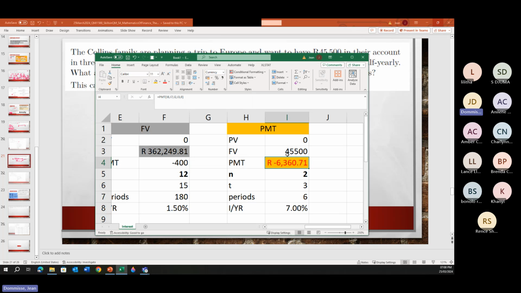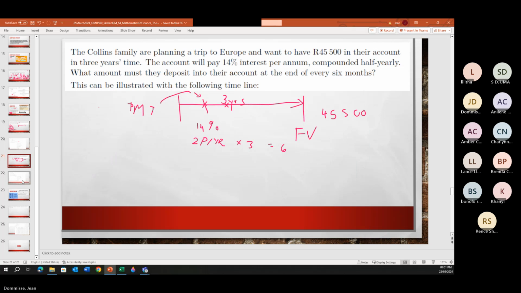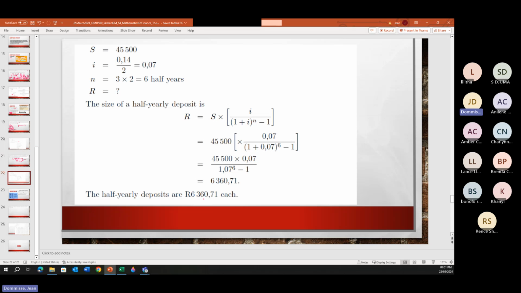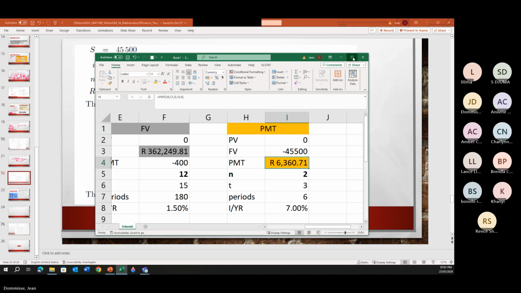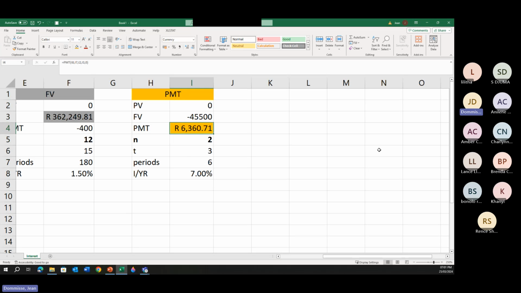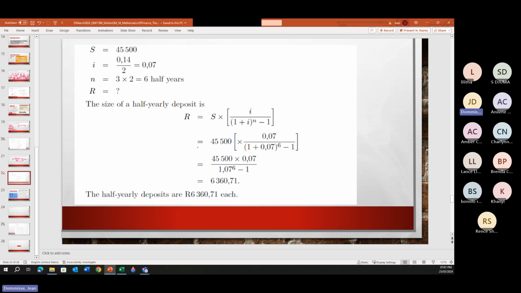And because I did not make that one negative, you can see that automatically now suddenly my answer is negative, but it should be positive. So by doing that, we also get the 6360.71. So again, we can do it on Excel. You can do it with the formula.